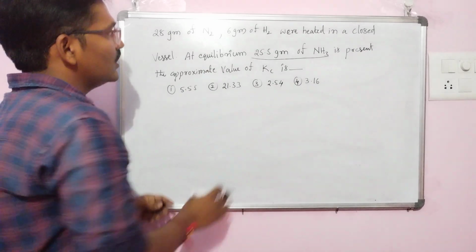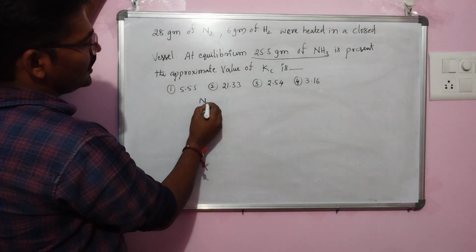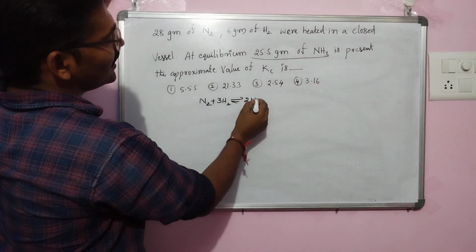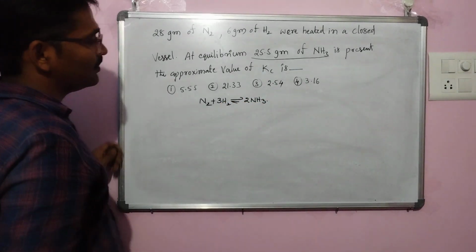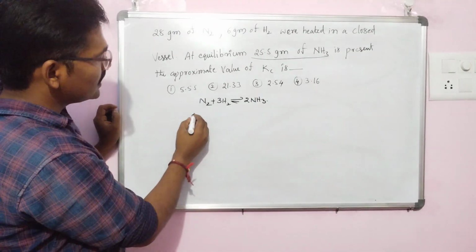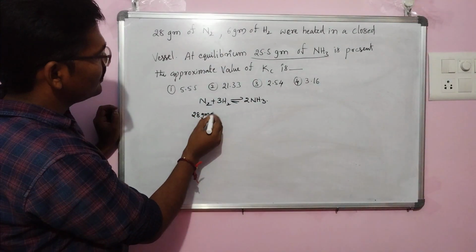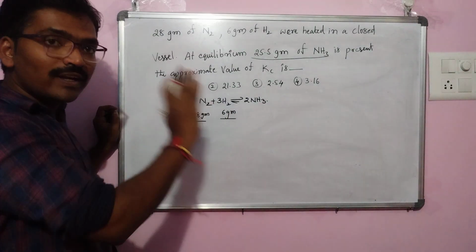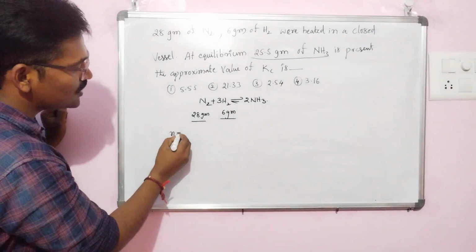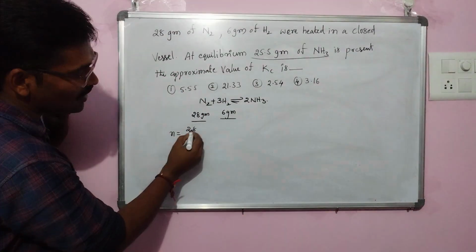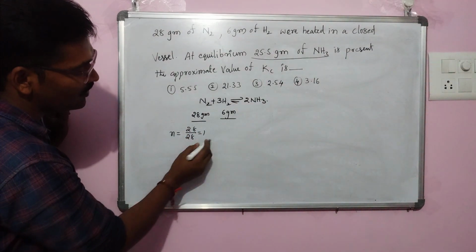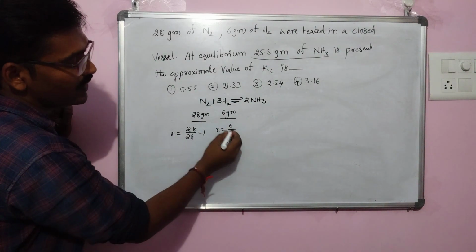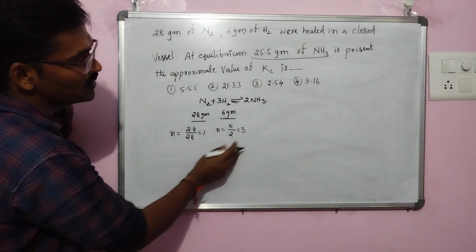So what is the equation here? N2 plus 3H2 gives 2NH3. Now N2 is given as 28 grams and H2 as 6 grams at the initial stage. For this you have to find the number of moles. Number of moles equals given weight 28 divided by molecular weight 28, so you get 1 mole. For hydrogen, given weight is 6 grams and molecular weight 2 grams, so you get 3 moles.